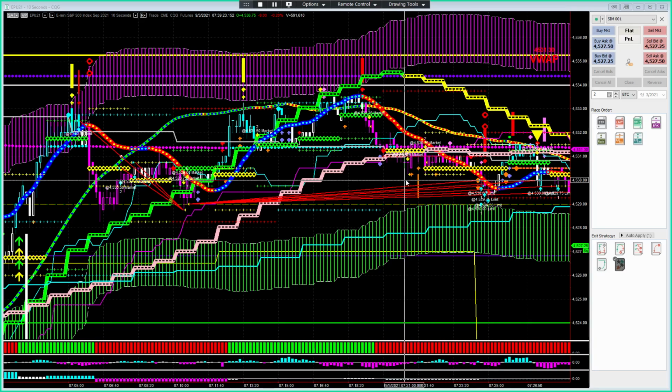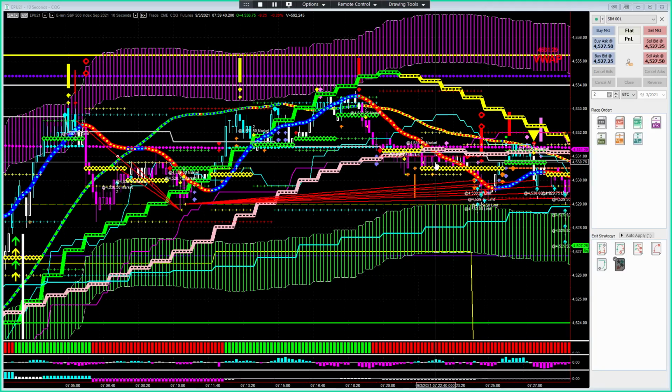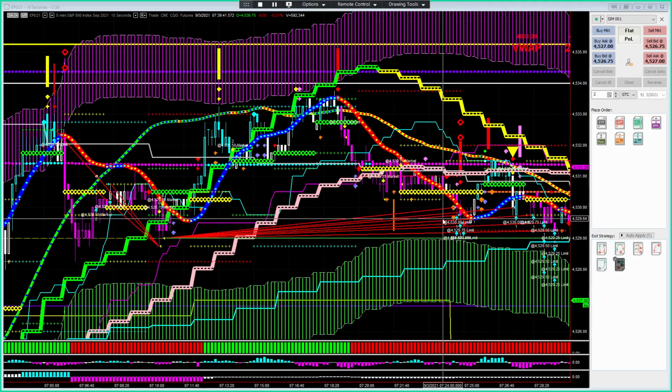So what I said is, if it starts to break down here, I might add to it. I'm just looking for small improvements at this point. So I added 2 here, 2 here. I'm still positioned to either get out or maybe potentially reverse.